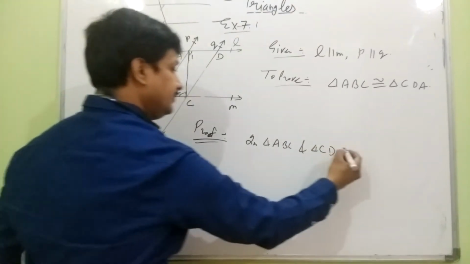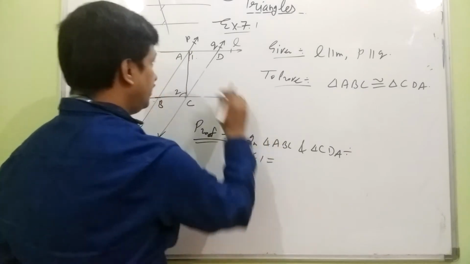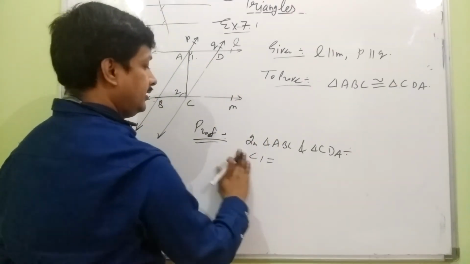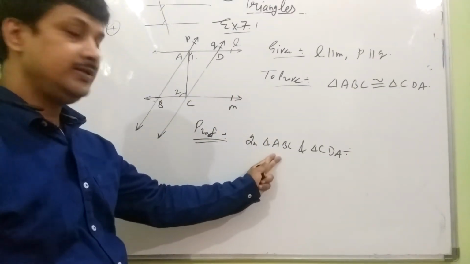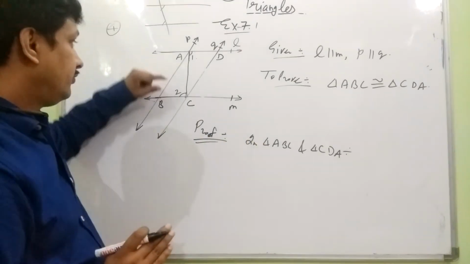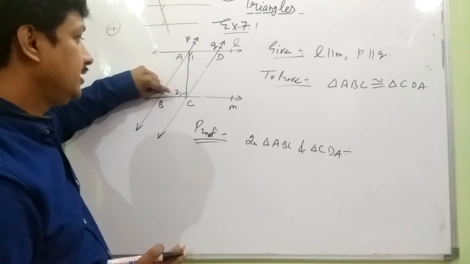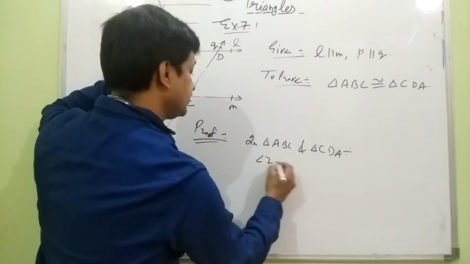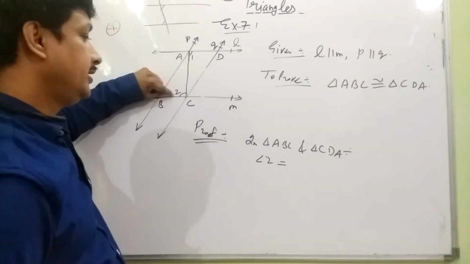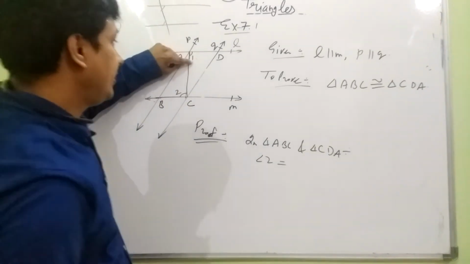So for triangle ABC, we will write angle 2 first, because angle 2 is in triangle ABC, and for triangle CDA we have angle 1.